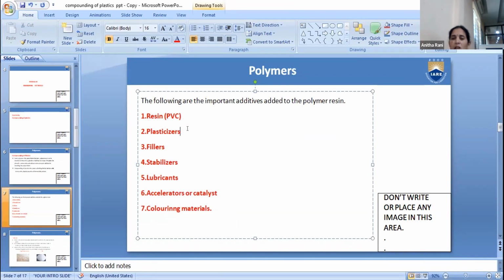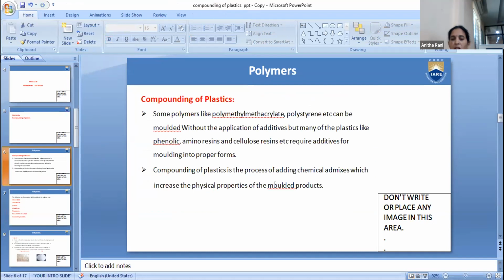To increase the plasticity and flexibility of the polymer resin, polyvinyl chloride. So to improve the properties of the plastics, to improve the properties of the polymer resins, we are going to add additives, we are going to add ingredients to get good finished products.